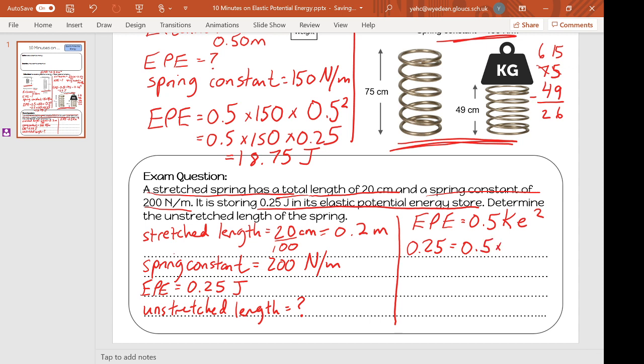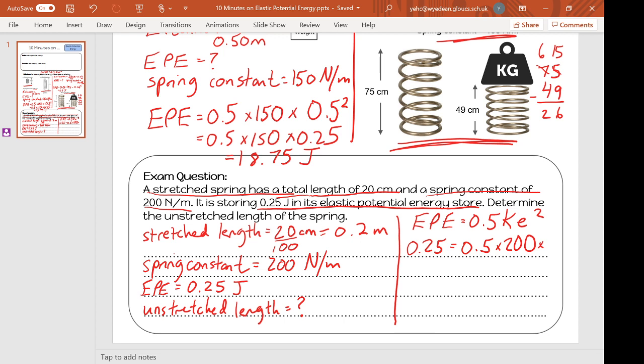K is spring constant. I'm checking my list to see if I have a value for spring constant. That's 200. I do have a value. Times E squared. Now E, remember, is the extension. I have the new stretched length, but that's not an extension. It's just the new length that it is.